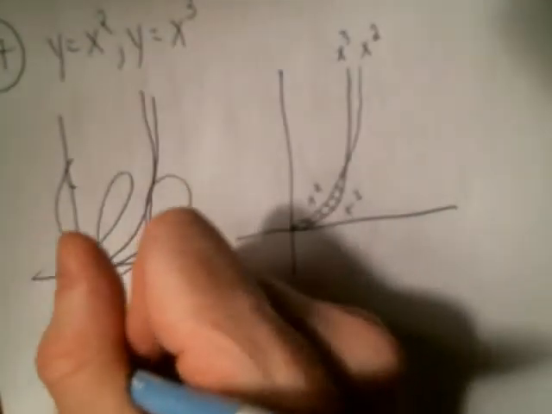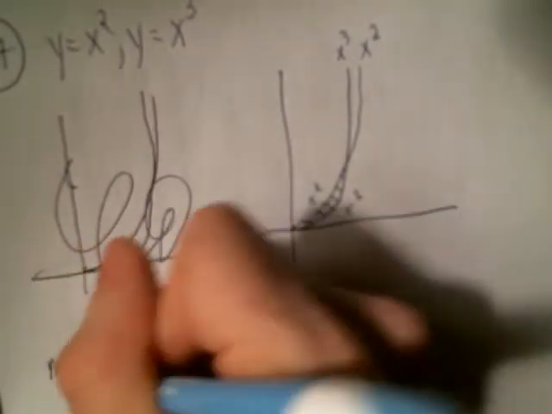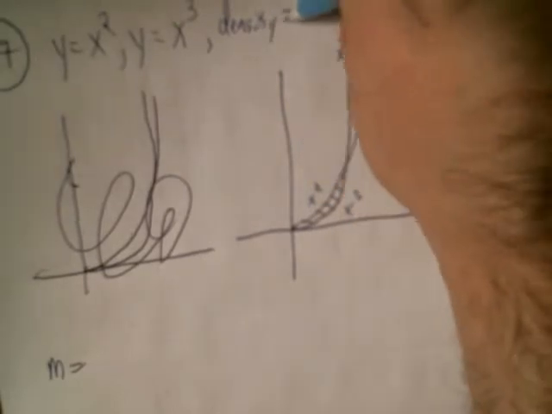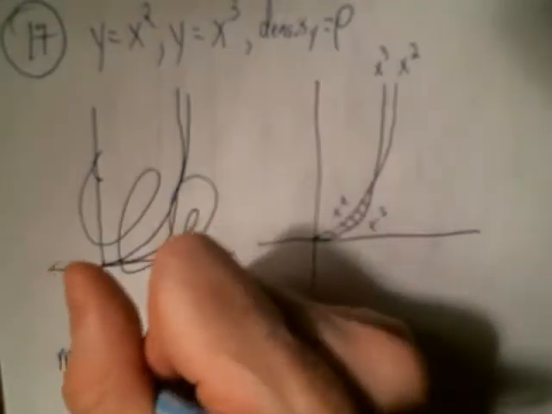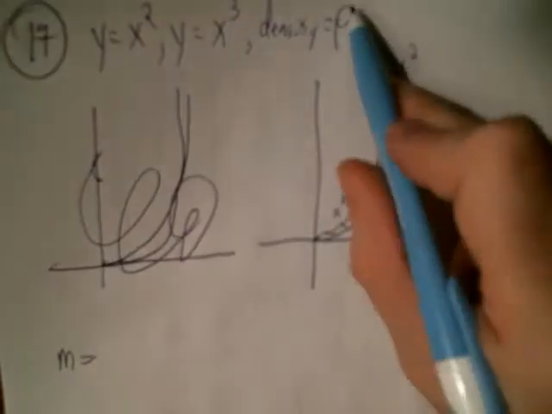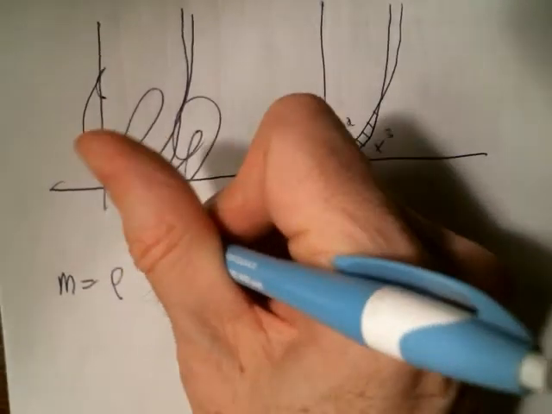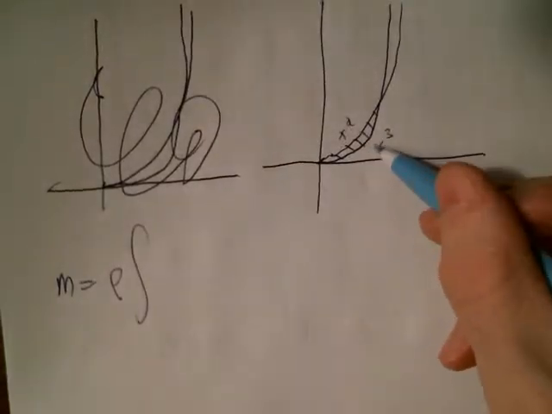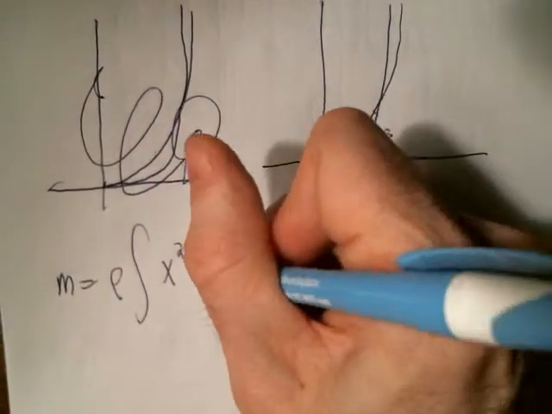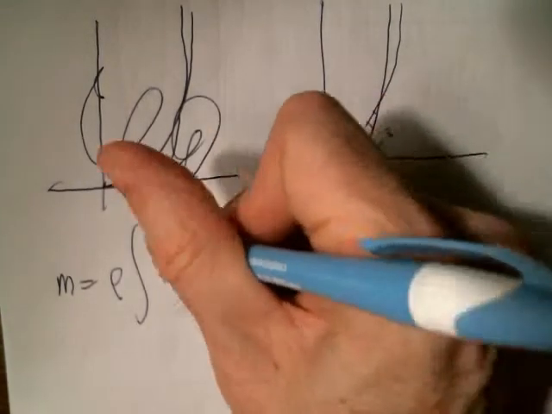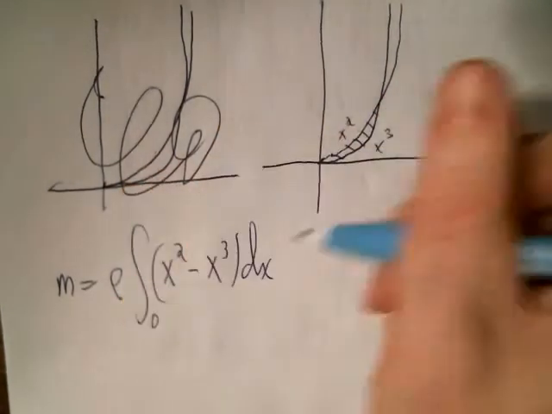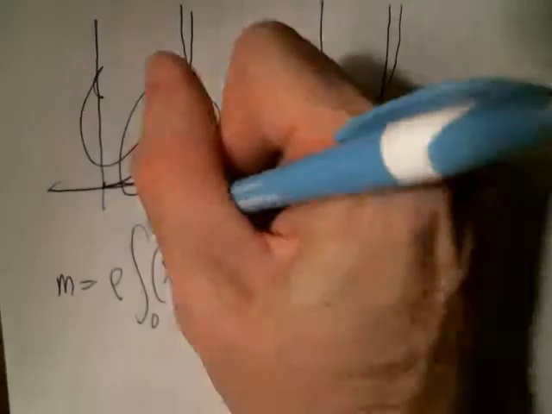So let's go at it. First off, I'm going to go after the total mass. They're presuming that the density constant is rho, and that will be the idea always in this section. Later on, you may have variable density once you get to Calc 3, but we don't worry about that here. So the mass is just rho times the integral of the difference between these functions, x squared minus x cubed, dx, and we're going from 0 to this intersection point, which I think is 1.